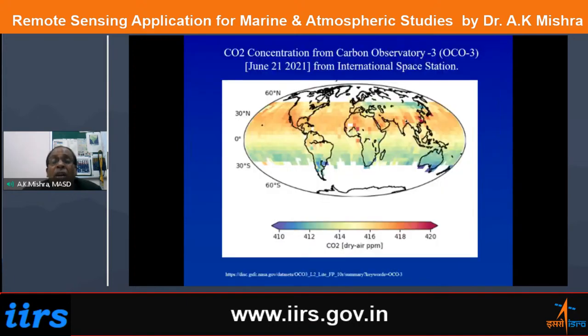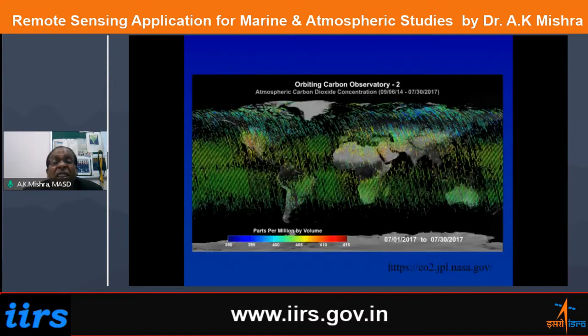Now the OCO-3 is present in the International Space Station, which is giving you the carbon dioxide concentration. And these are the Orbiting Carbon Observatory-2 in detail.